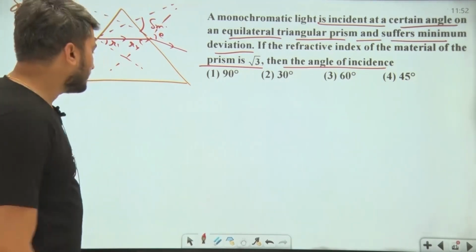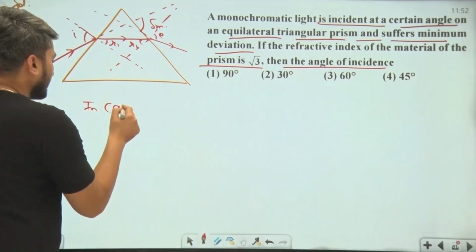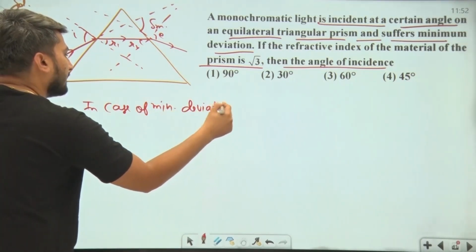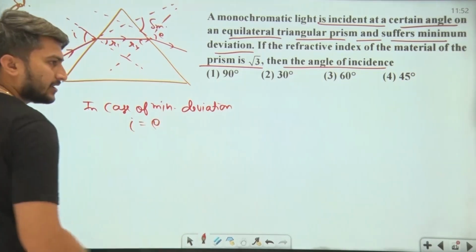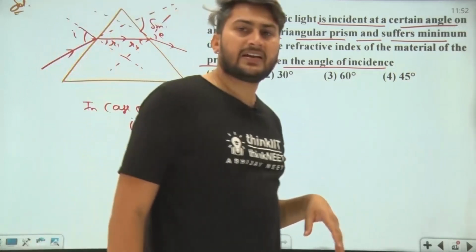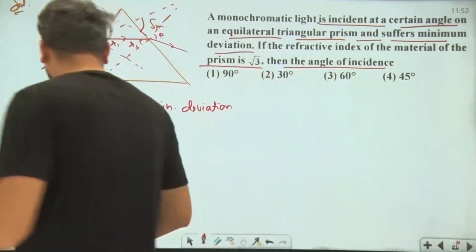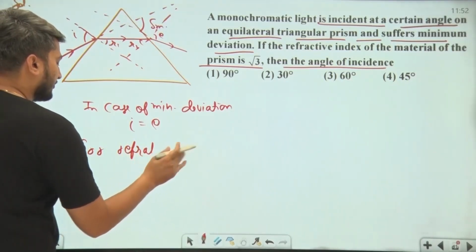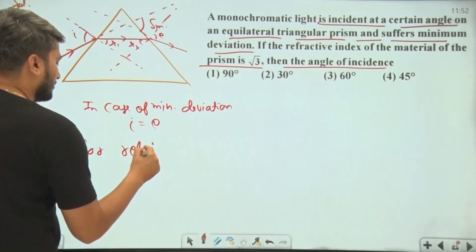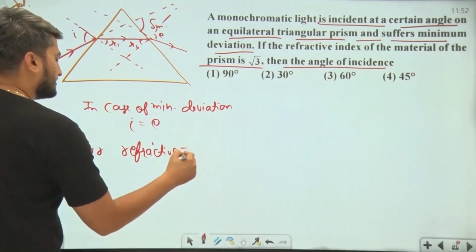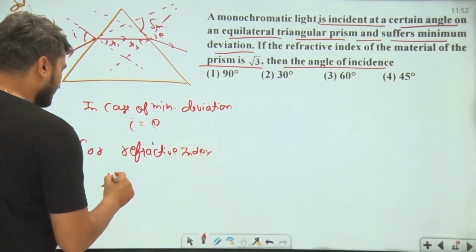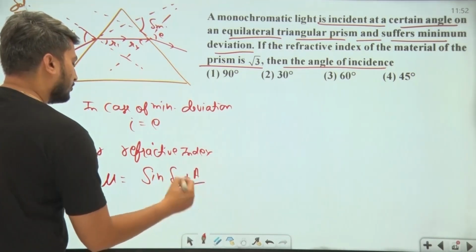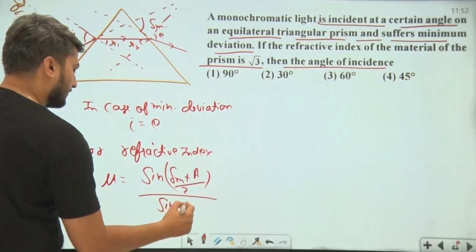So in case of minimum deviation, we know that i is equal to e, and the formula for refractive index for minimum deviation is mu is equal to sine of (minimum deviation plus A) by 2 upon sine A by 2.